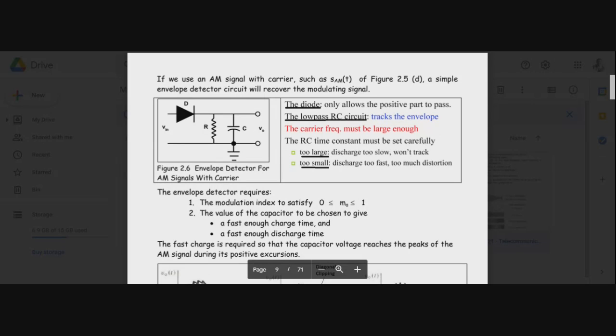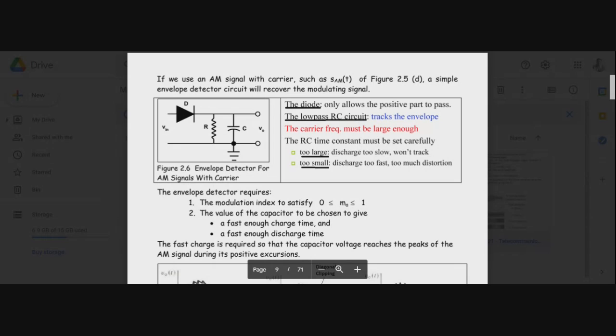So you can see that the capacitor will be trying to reach that. When immediately the input becomes negative, the diode will go off. So there will no longer be any connection between the input and the output. And so the capacitor will still have its charge.